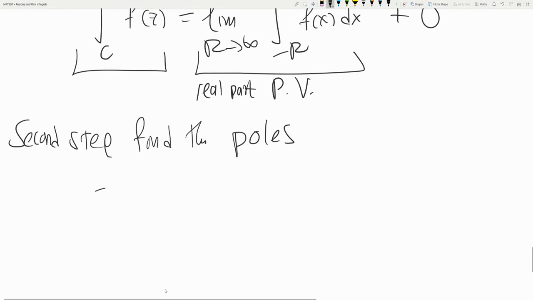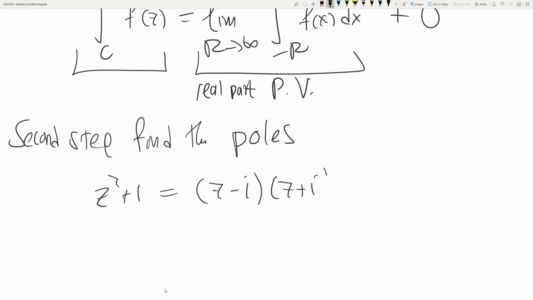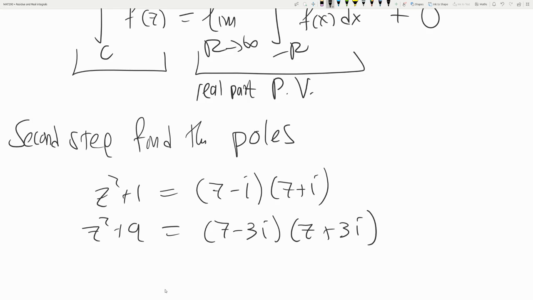All right, so we have z squared plus 1, and you factor this, and you have z squared plus 9. You factor it in this way, so we have plus or minus i, plus or minus 3i.